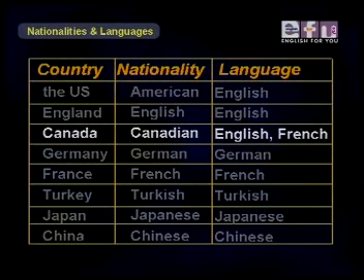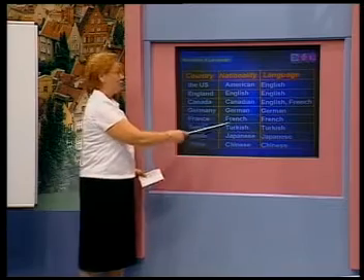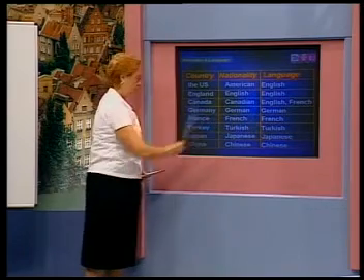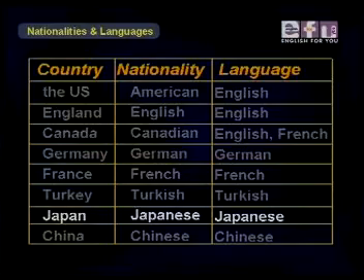Canada, Canadian, and English and French. Germany, German, German. France, French, French. Turkey, Turkish, Turkish. Japan, Japanese, Japanese. And China, Chinese, Chinese.